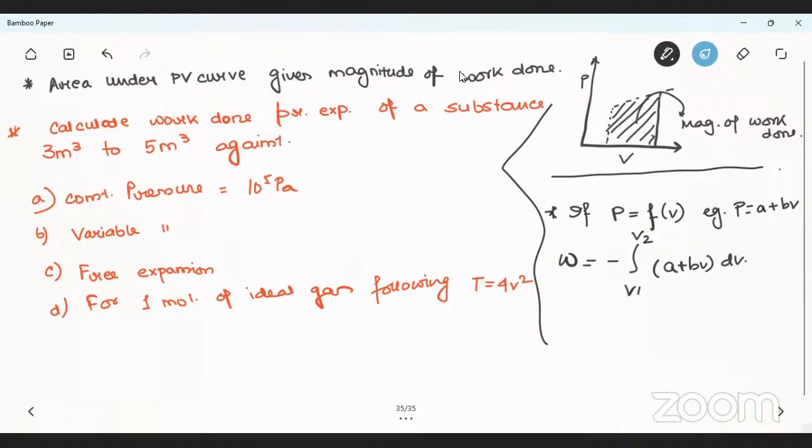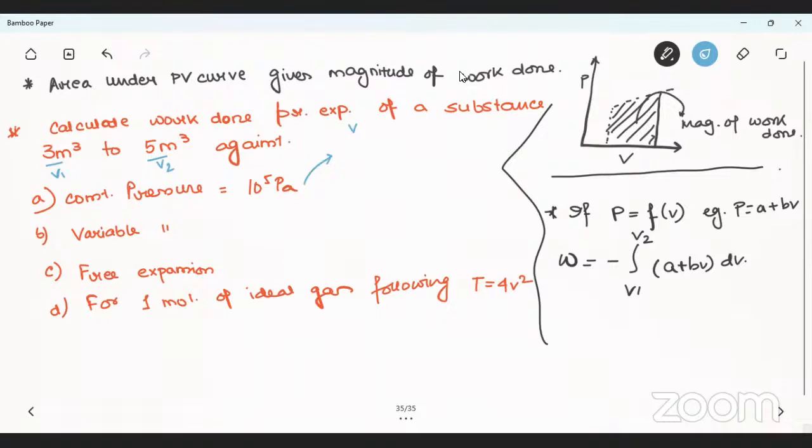What is this? The volume has changed, right? This is volume V1, this is volume V2. So let's do this now. For this, how to solve? What is the volume change?